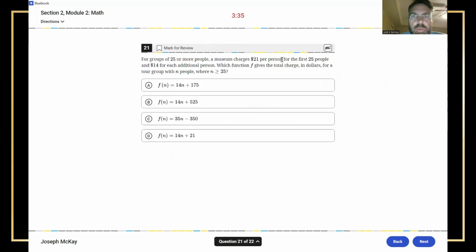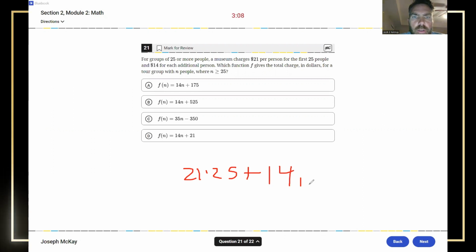A museum charges $21 per person for the first 25 people. So you have 21 times 25 for the first 25 people, and then after that you have $14 for each additional person, for a group with n people where n is greater than 25.